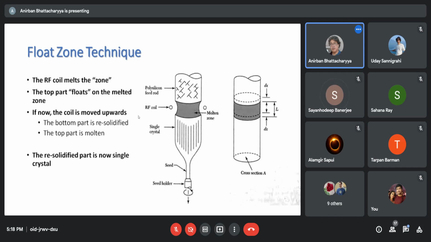So what we do is we melt this part using an RF coil, a small portion, and then move upwards, from the bottom to the top. In this picture, can you see this gray area was molten, but then it has moved up. So what will happen? The top portion will melt and the bottom part will resolidify.